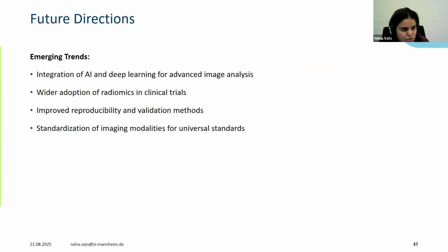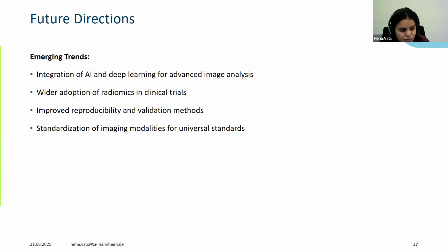What are our future directions? So there are certain imaging trends that we see in the future. Integration of AI and deep learning for advanced imaging analysis. Wider adoption of radiomics in clinical trials. Improved reproducibility and validation methods.